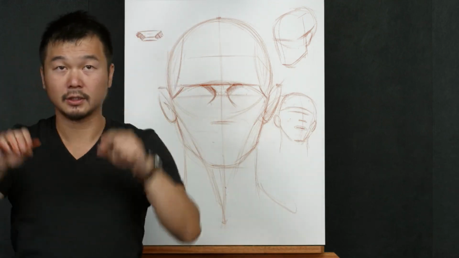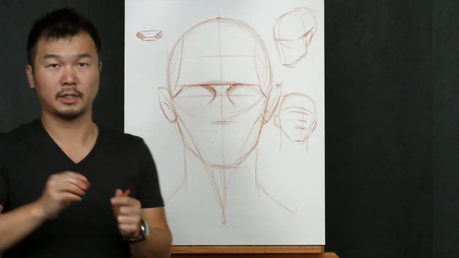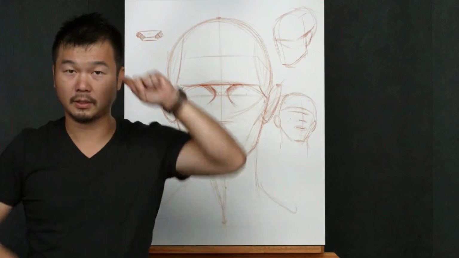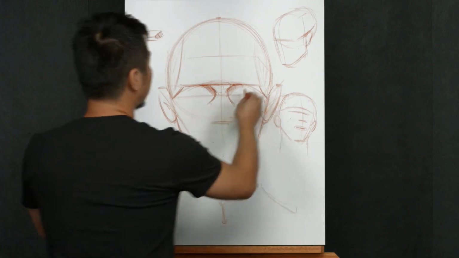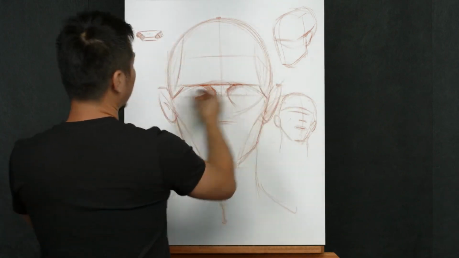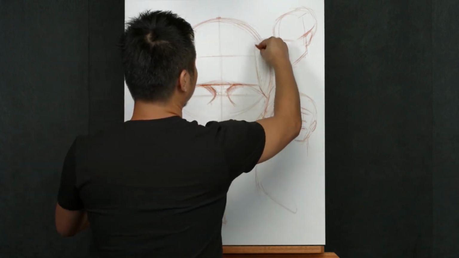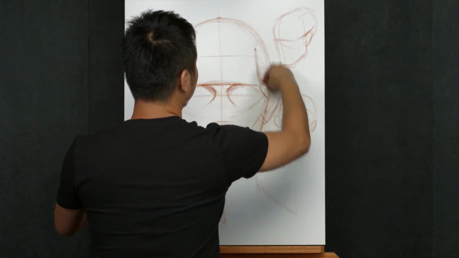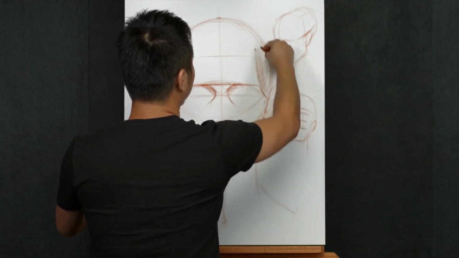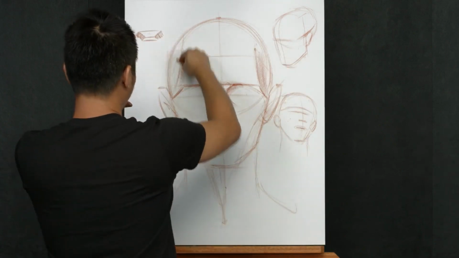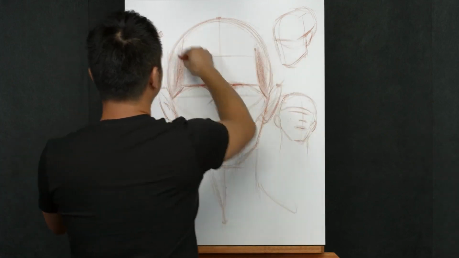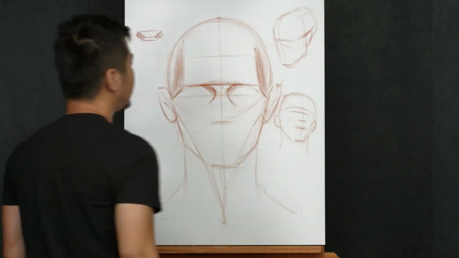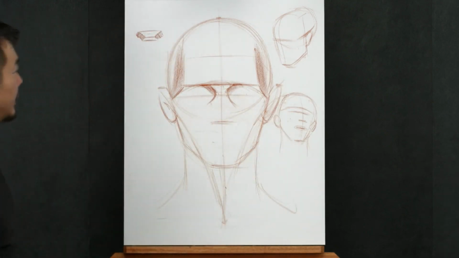This plane right here. You can actually see there's a temporal line coming at this edge right here. So this is the side of the forehead.